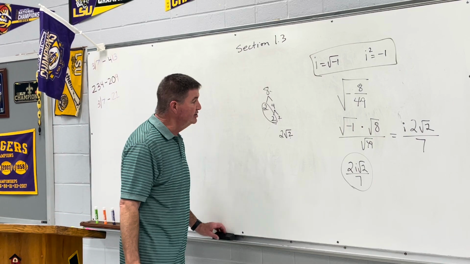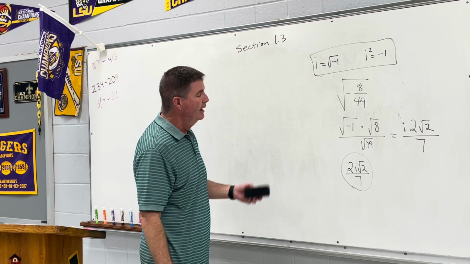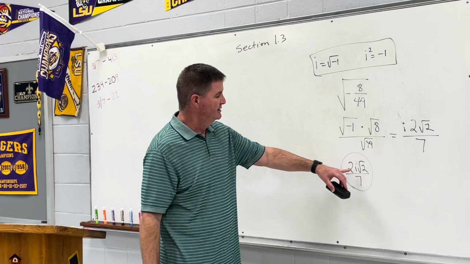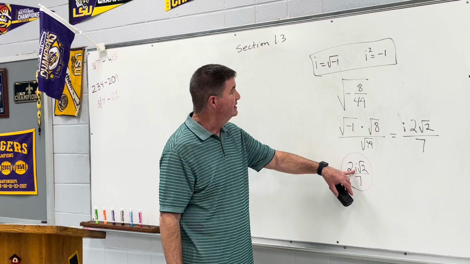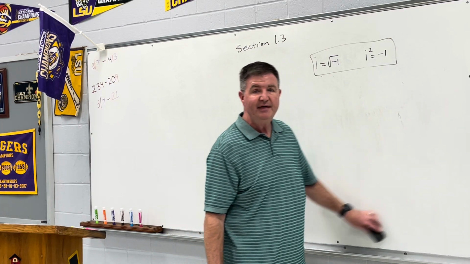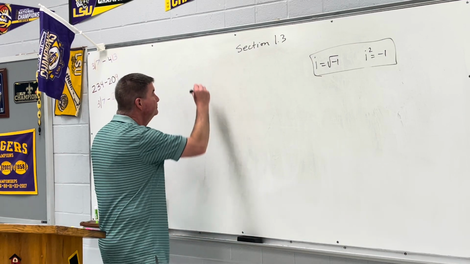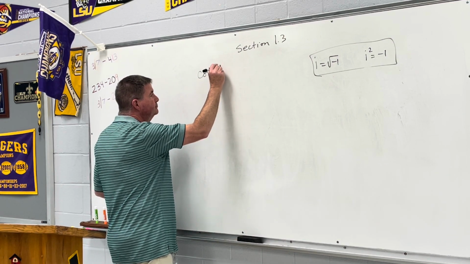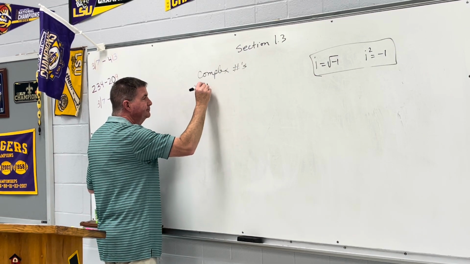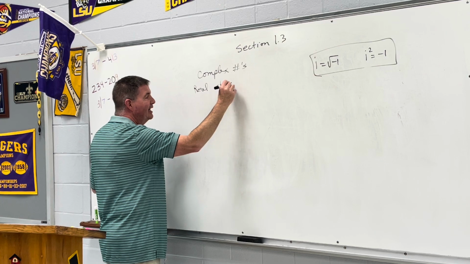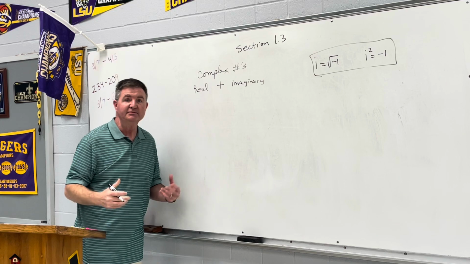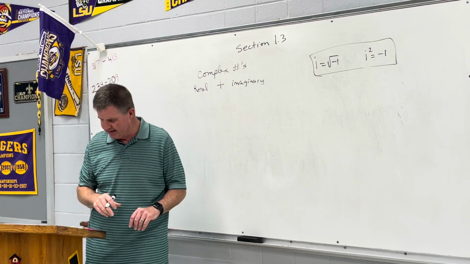Now, in this section, we're going to do operations with complex numbers. This is known as an imaginary number because it has an i in it. Complex numbers are numbers that have a real part and they have an imaginary part. So if we put the two of them together, we have what's called a complex number.